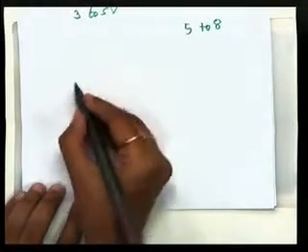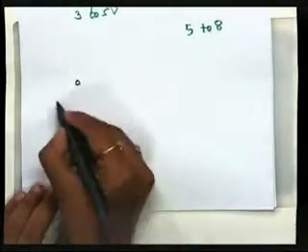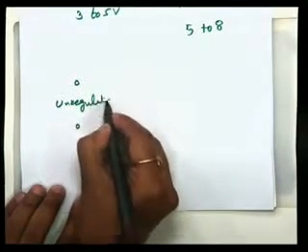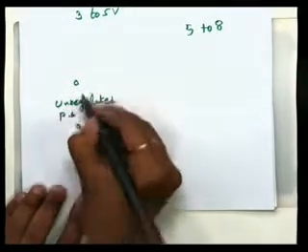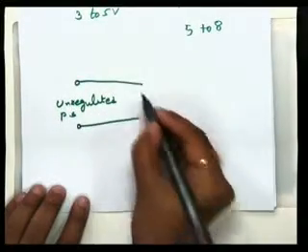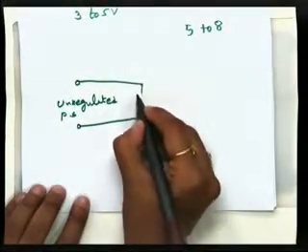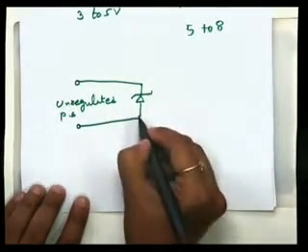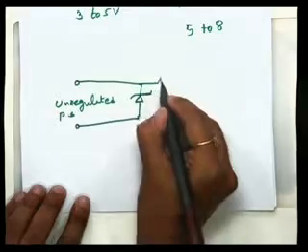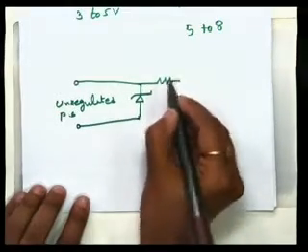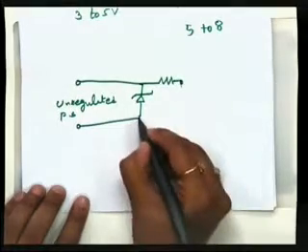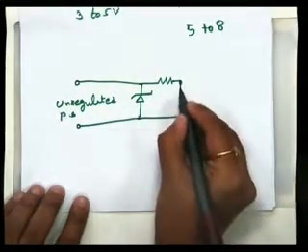The schematic circuit says that if this is the unregulated power supply, and from this terminal it is given to the Zener diode, of course it should be in reverse bias to the Zener diode. This limiting resistor will limit the power supply, and then here as a load resistor there will be one resistance.